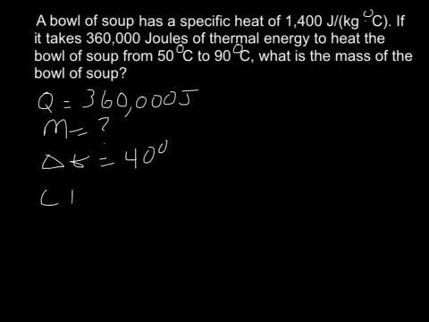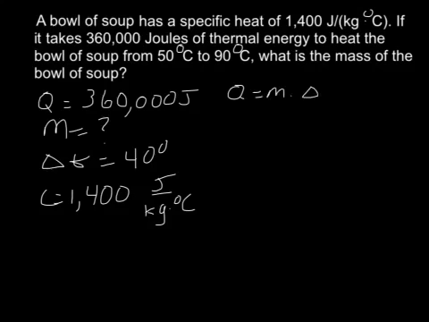And the specific heat is 1,400 joules divided by kilograms times degrees Celsius. So Q equals M times delta T times C is the base problem, and we're going to change it to make M equals Q divided by change in temperature times specific heat.